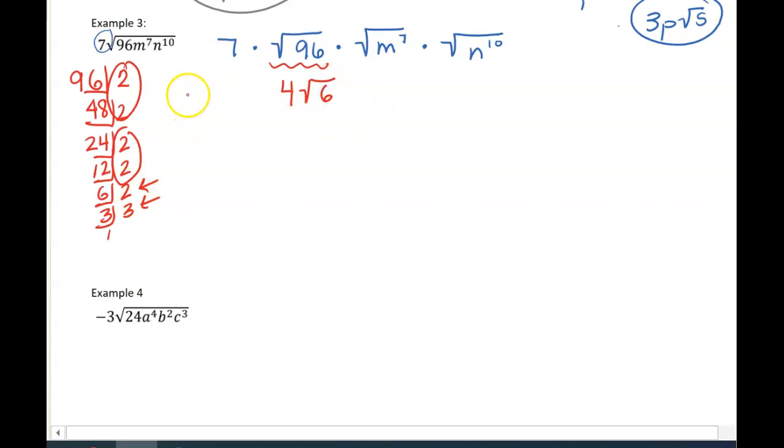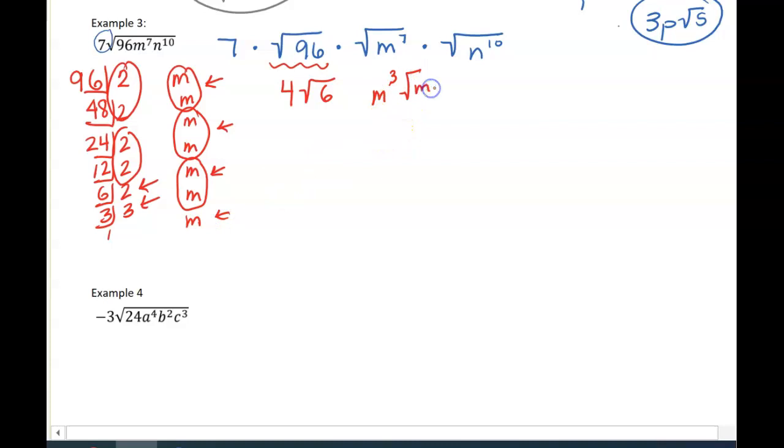m to the 7th is 1, 2, 3, 4, 5, 6, 7. You have a pair, and a pair, and another pair. If you multiply all your pairs, m times m times m is m cubed. Then you have 1 left over, so you have the square root of m.